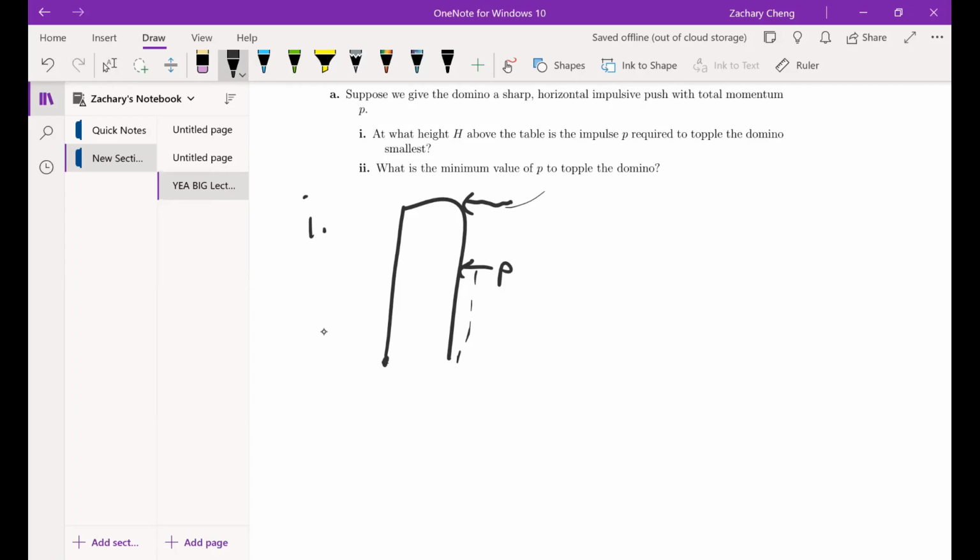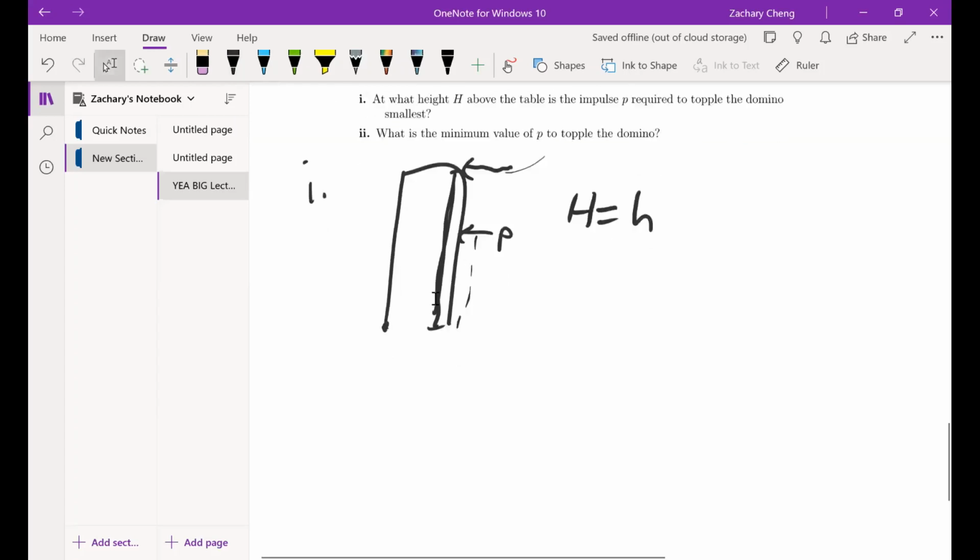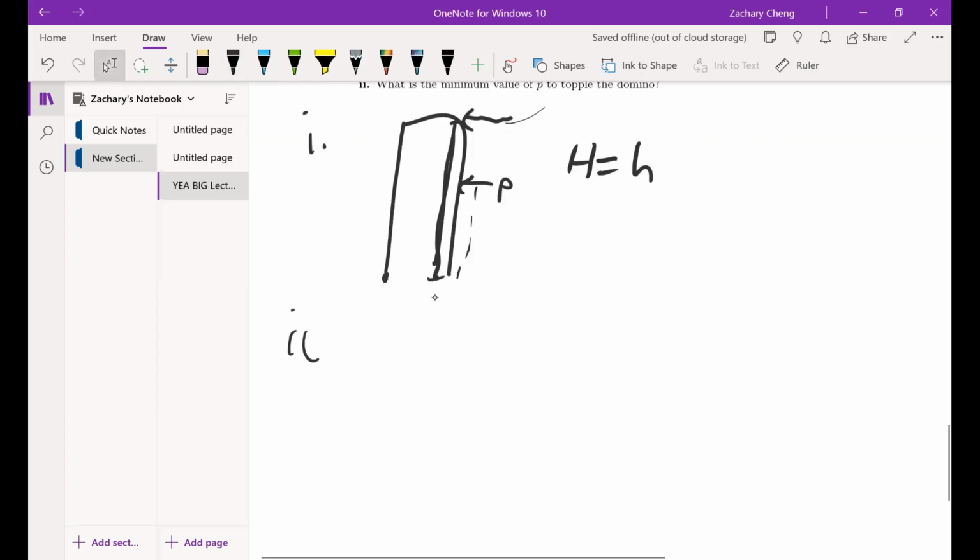And so we can make the impulse P smaller just by making this distance larger, and the answer is obviously just the largest possible distance, which is h equal to the height of the domino. So that's really easy. And part 2 is a bit harder.